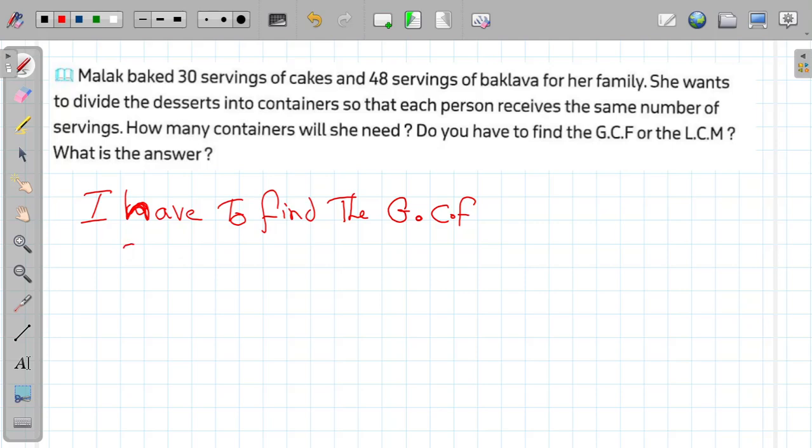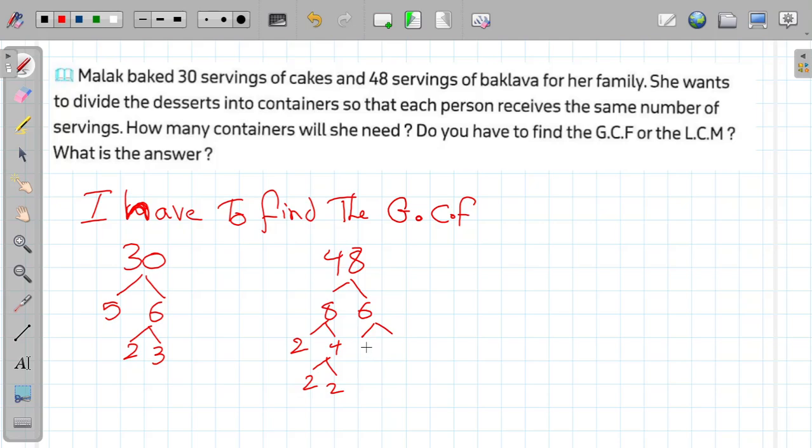So I have here 30 and 48. 30 equals 5 by 6 and 6 equals 2 by 3. 48 equals 8 by 6, 8 equals 2 by 4, 4 equals 2 by 2, and 6 equals 2 by 3. So here I have 5, 2 and 3.